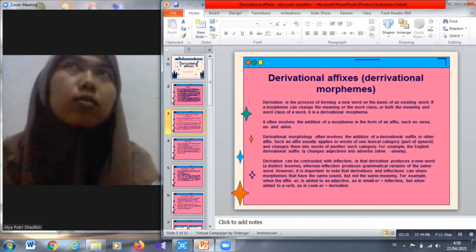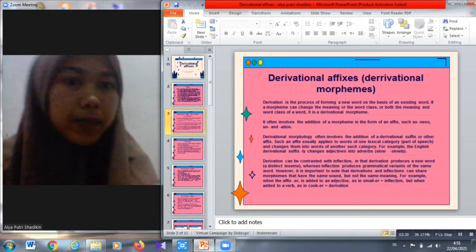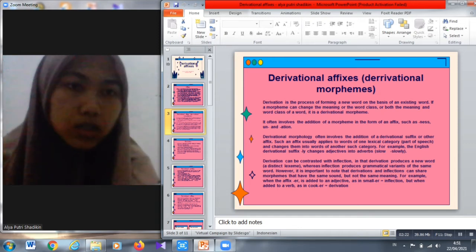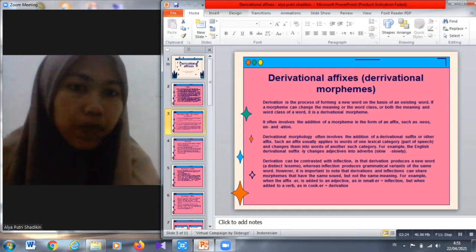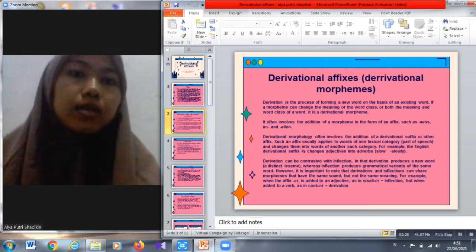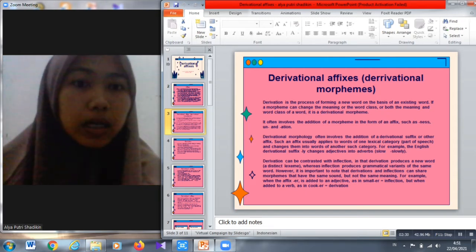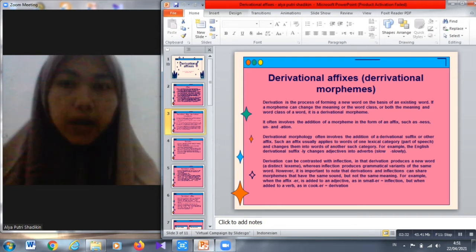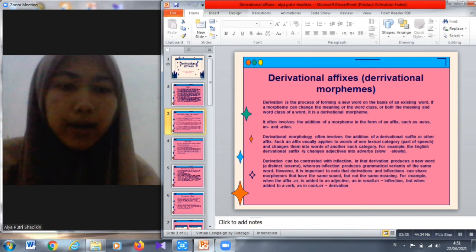So, derivational affixes. Derivation is the process of forming a new word on the basis of an existing word. If a morpheme can change the meaning or word class, or both the meaning and the word class of a word, it is a derivational morpheme. Okay, you have to remember it.